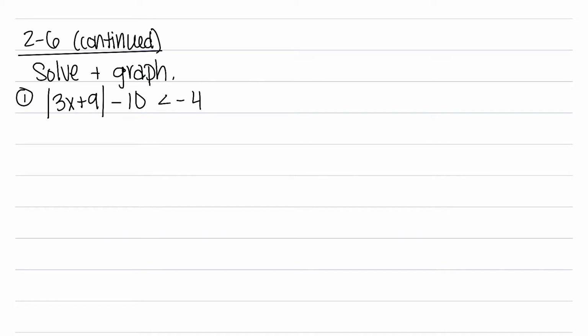Okay, so what you'll notice is that we have our absolute value here. I'm going to highlight it in pink. And then there's some other stuff there. Okay, we did this with equations a while ago, but we have to get the absolute value by itself, or we have to isolate it.